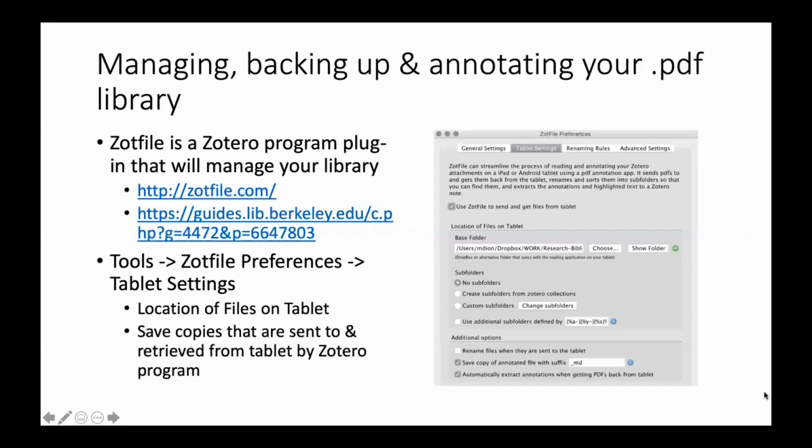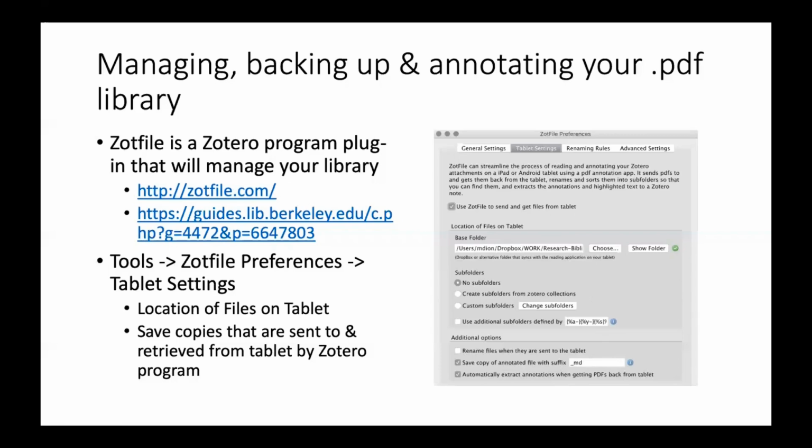You have this option down here of additional options where it'll save a copy of the annotated file with a suffix. So then you can import those files back into your main library. So move them from the iPad folder back to your main files folder.